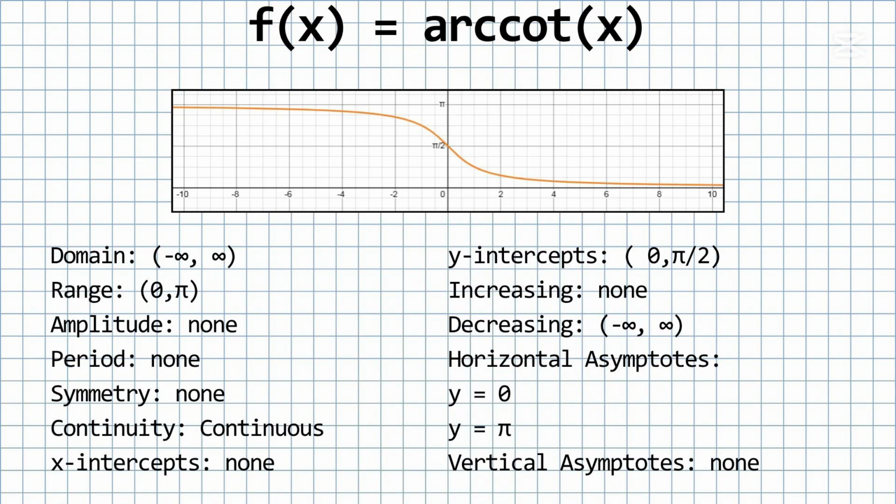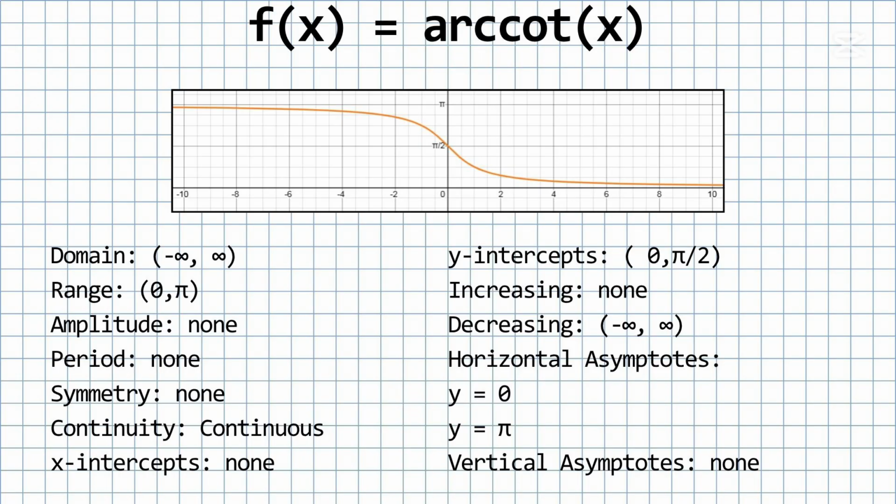The properties of the arccotangent function are: its domain is all real numbers, and its range is from excluded 0 to excluded pi. It does not have an amplitude or period. It's also not symmetrical, but it is continuous.